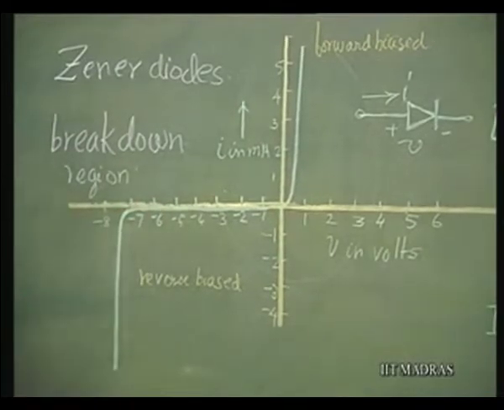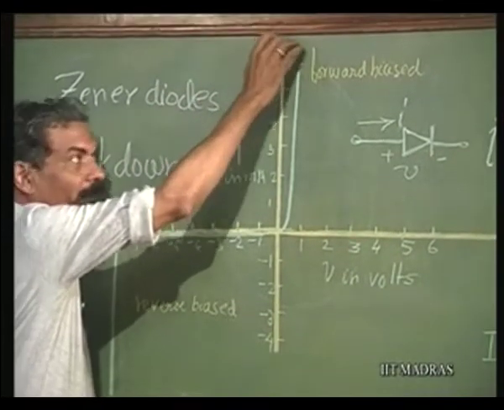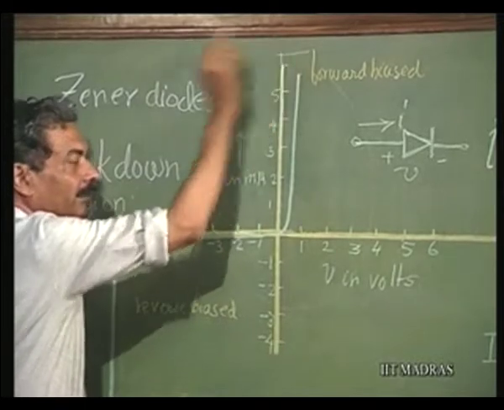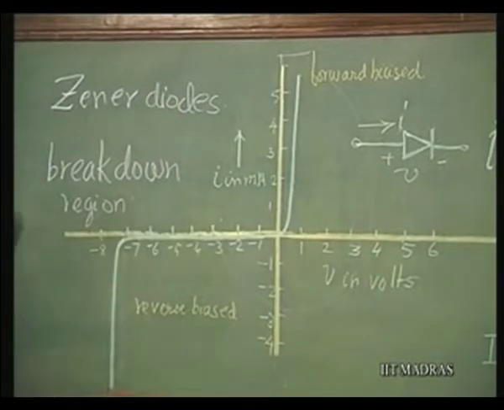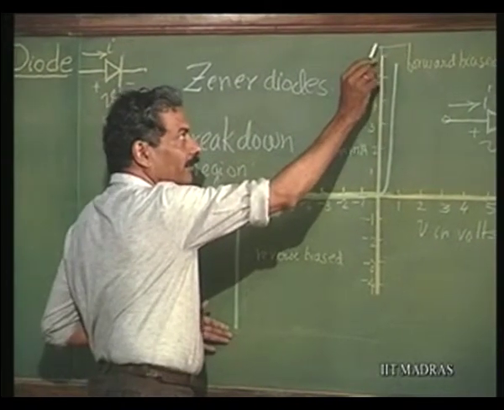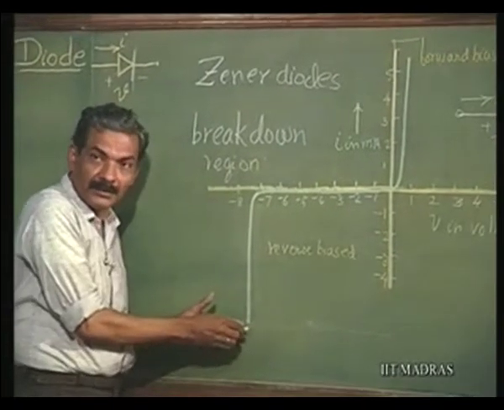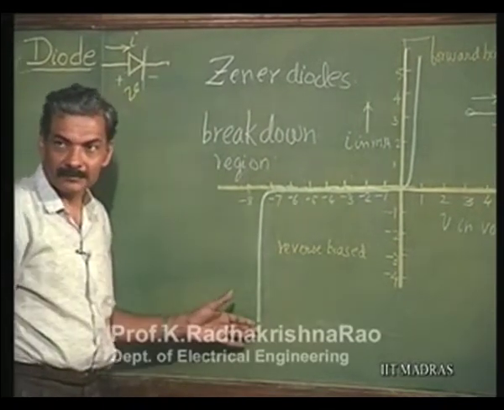But practically, there will always be a maximum current up to which you can operate a diode in this as well as in this. There will be a maximum current for operation of the diode in the forward bias region and a maximum limiting current in the reverse biased region.